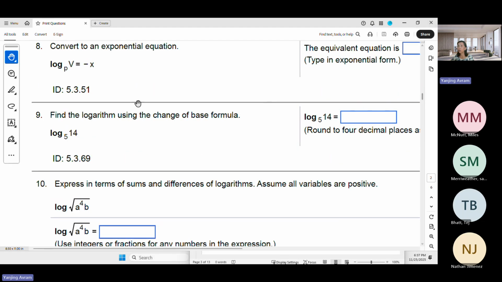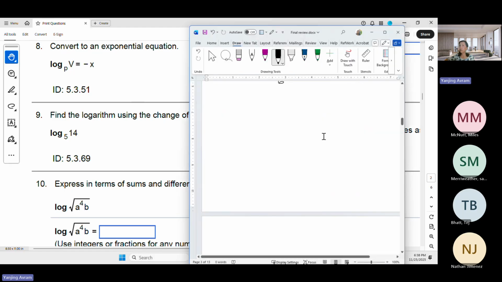All right, because we have this one right here, you need to be able to convert this whole thing into the exponential equation. So how do I convert this one into an exponential equation? Well, we just said it earlier. Log base p of b equal to -x. All right, draw a little circle going counter-clockwise, so start with the base p.